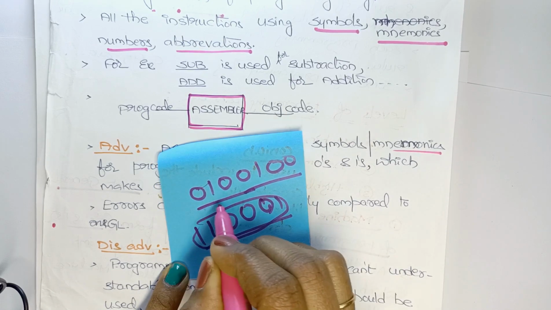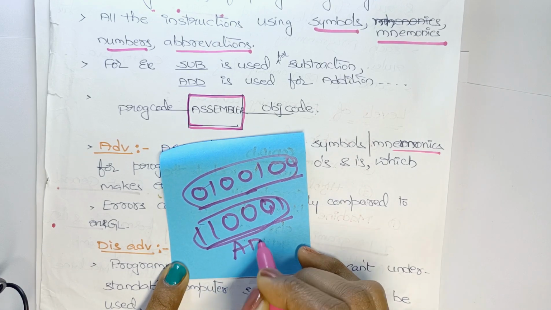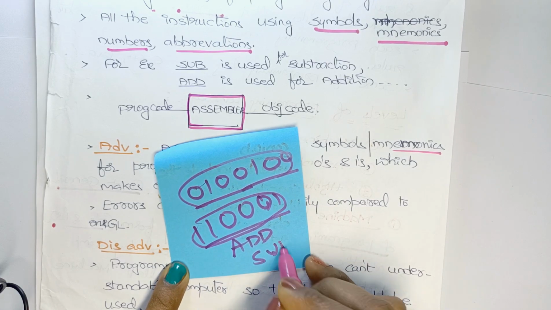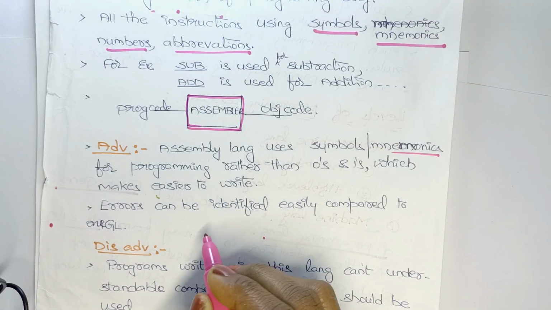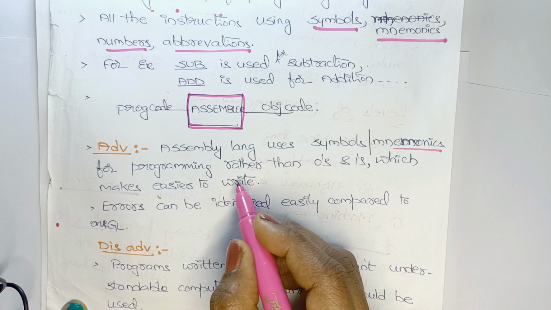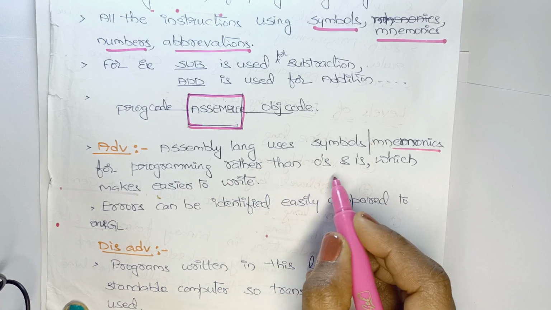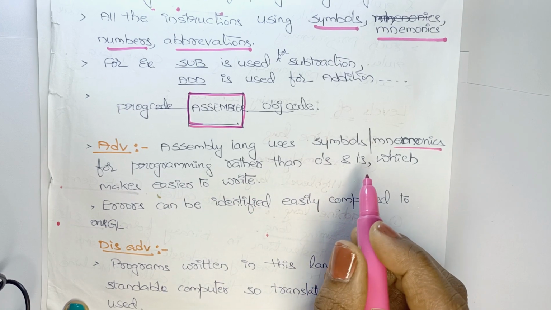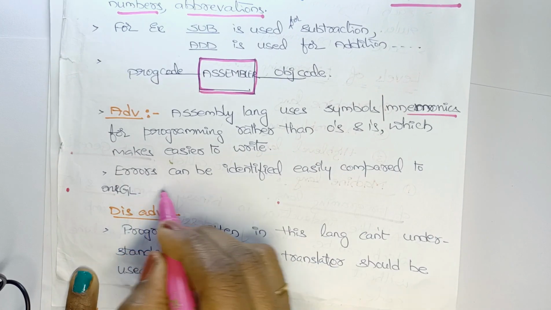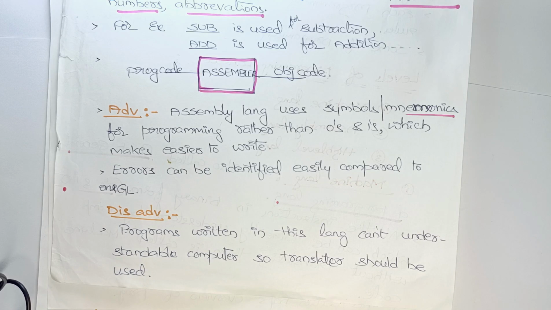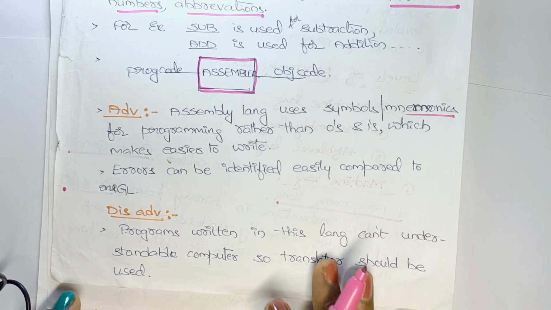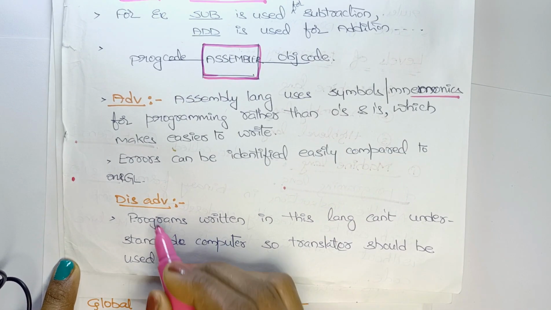Instead of remembering these binary numbers, you can easily remember the mnemonics add and sub. So programming is easier in assembly language than in machine level language. Errors can also be identified easily compared to the first generation language.